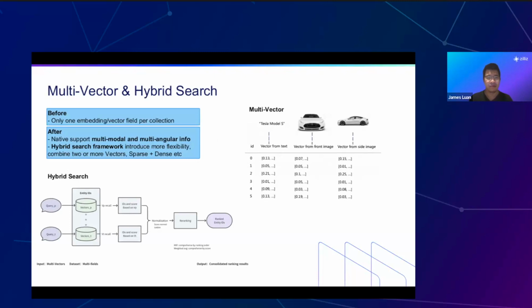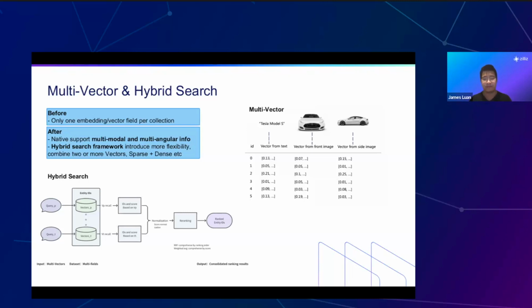Right. So we will go into some details for each of the features. I think the first one to mention is multi-vector search and hybrid search. As I just said, before that each entity only had one vector, but under some use cases, you have your description for one of your photos, you have your embeddings on one of the pictures, and maybe from different angles.